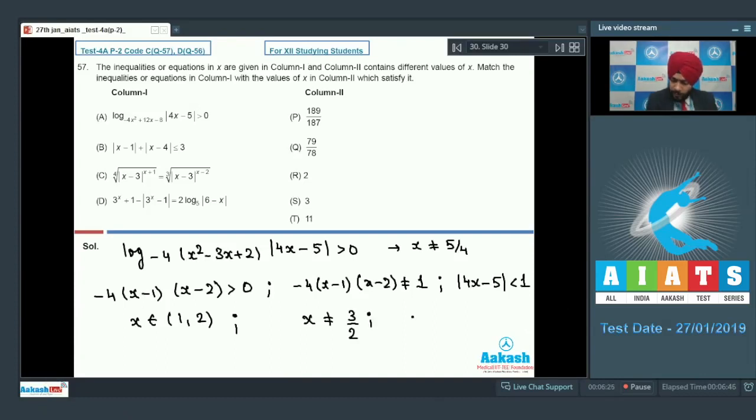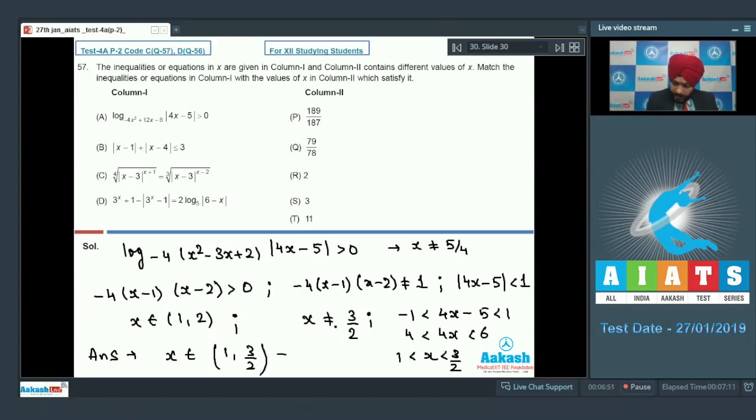From here we have minus 1 less than 4x minus 5 less than 1, so 4 less than 4x less than 6, x belongs to 1 to 3 by 2. The final answer for the domain is x belongs to 1 to 3 by 2, minus this value, that is 5 by 4. So we have to choose the suitable options.